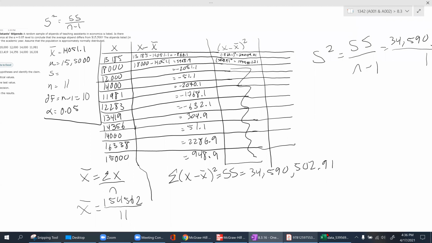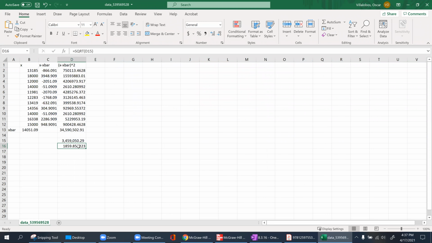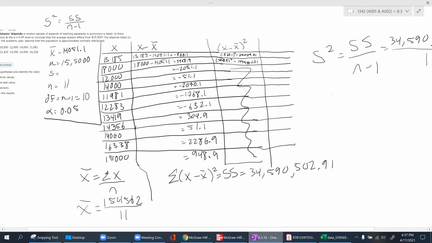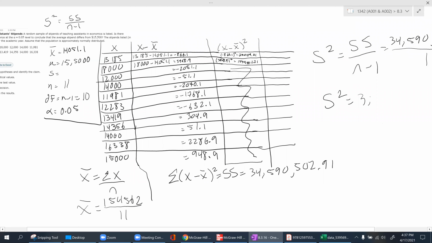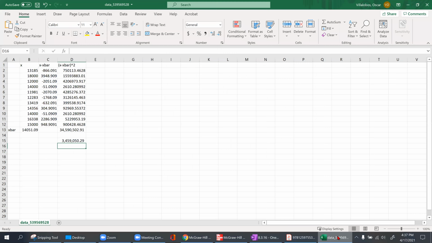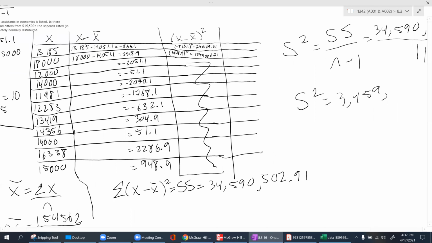So my variance is this value here, 3,459,050.29.